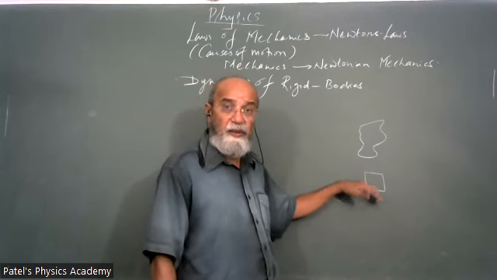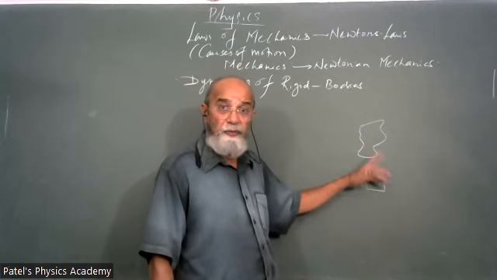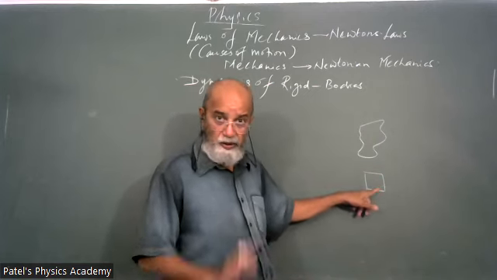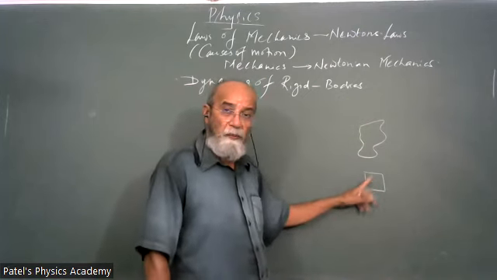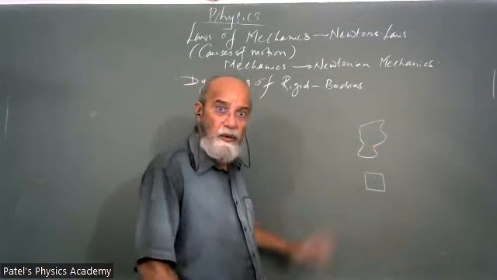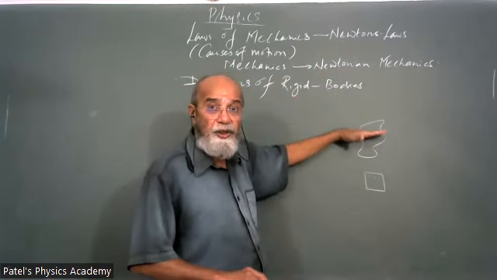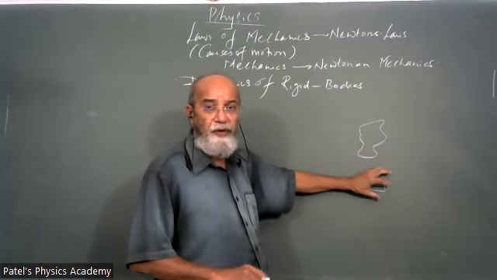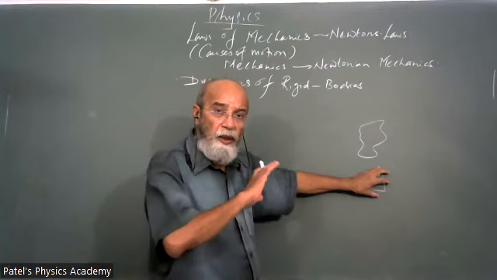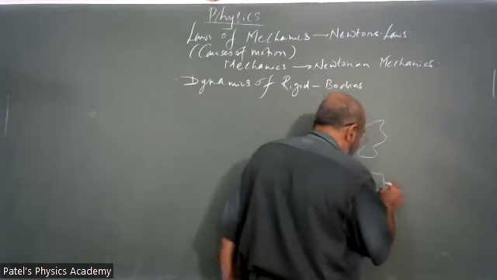Tomorrow it will represent a chair or a table or a football. It's a symbol of representing a rigid body. But it had some elasticity. So since my laws apply only to rigid bodies, I remove the rigidness of that object and separate out the elastic component from it.